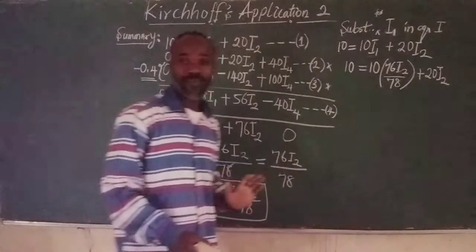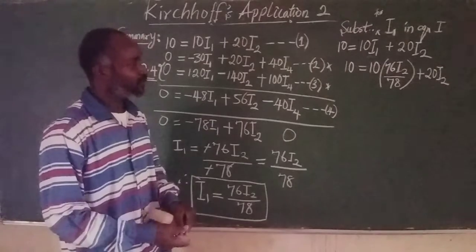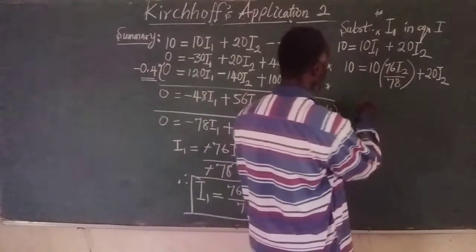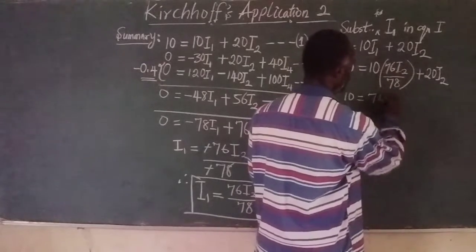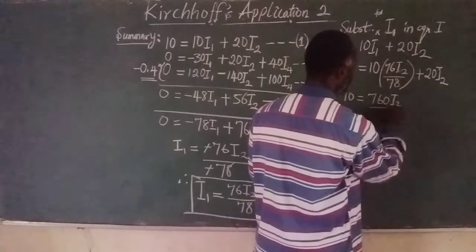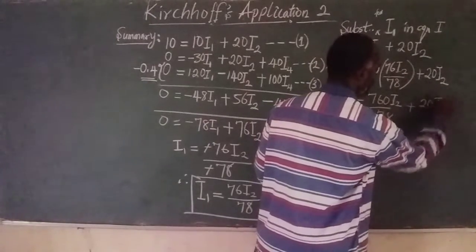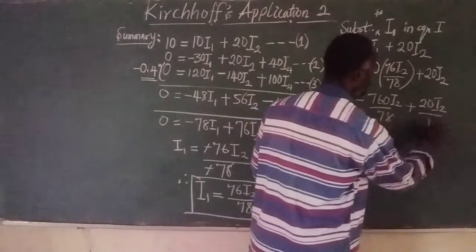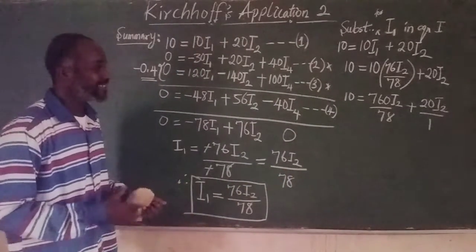By the time we clear out, at this point we're going to have 10 is equal to 760 I2 all over 78 plus 20 I2 all over 1. Very, very interesting. So look at it.